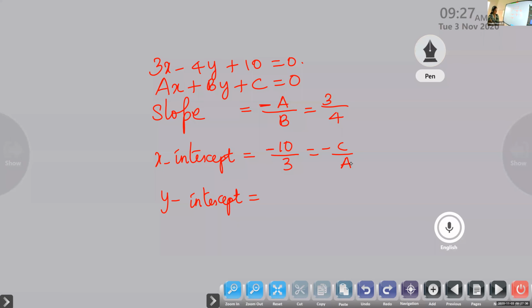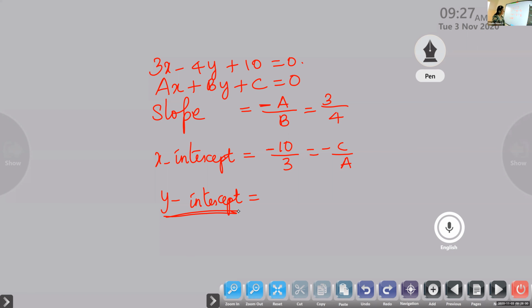Mohammad Adil, what is the y-intercept? No, I want the intercept. mx plus c is the equation of the line in slope-intercept form. Here I want this.